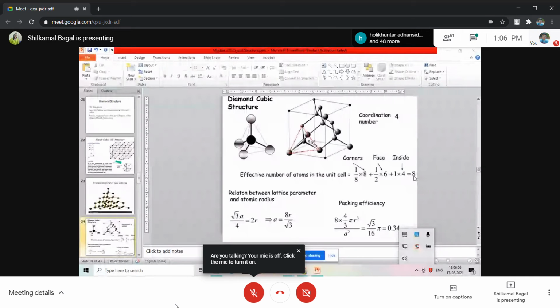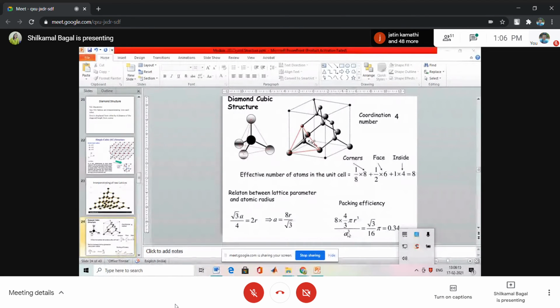So 8 multiplied by the volume of one atom, that is 4/3 pi R cube, divided by the volume of the unit cell, A cube. So this will become root 3 by 16 pi. This one we can calculate by converting R in terms of A or A in terms of R by the relation between lattice constant and the atomic radius. That is A is equal to 8R by root 3 or R is equal to A root 3 by 8.